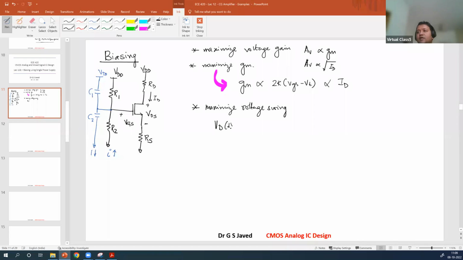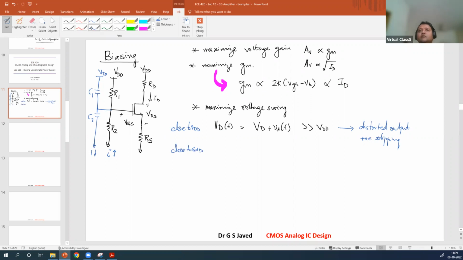VD plus VD of T will be greater than VDD. So this is called distortion. So you'll get a distorted output. You do not want a distorted output. You will see positive side clipping here, close to VDD.